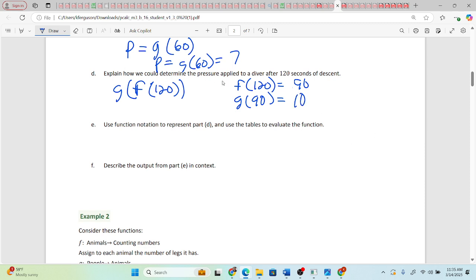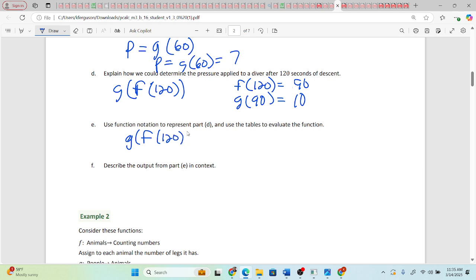So that's how I determine the pressure with just the seconds as my input. We talked about what we did for D, but they wanted us to write it, and we wrote it also.